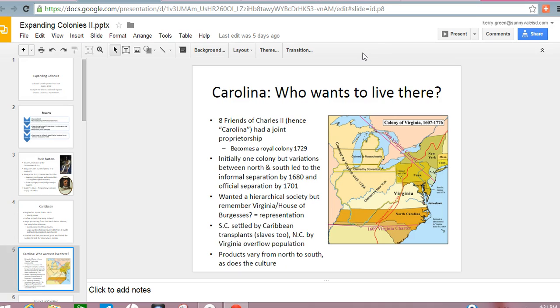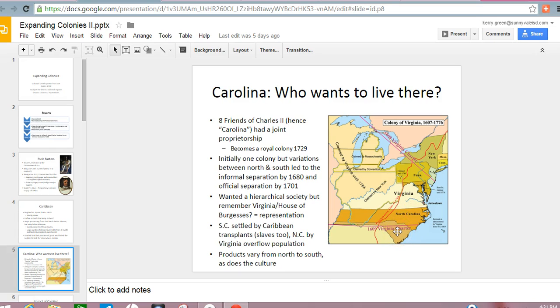It was initially one colony, but the territory is very different. South Carolina lends itself to a much more Caribbean environment, whereas North Carolina is a lot more like Virginia. It's much more tobacco friendly, whereas South Carolina was more for sugar.